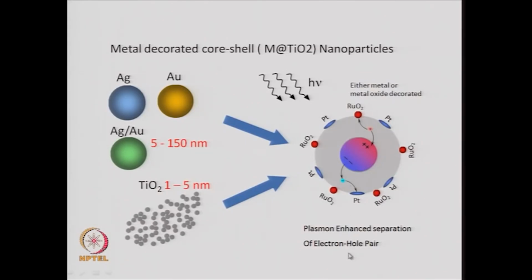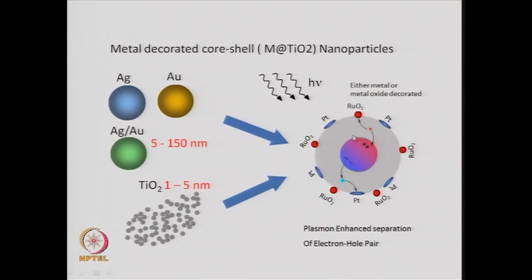you will now have plasmon enhanced separation of electron hole pairs. This metal nanoparticle will be activated by the light, and you will have these surface plasmons, because of the oscillations of the conduction electrons, and that will couple to the TiO2, and then you will get electrons and holes.